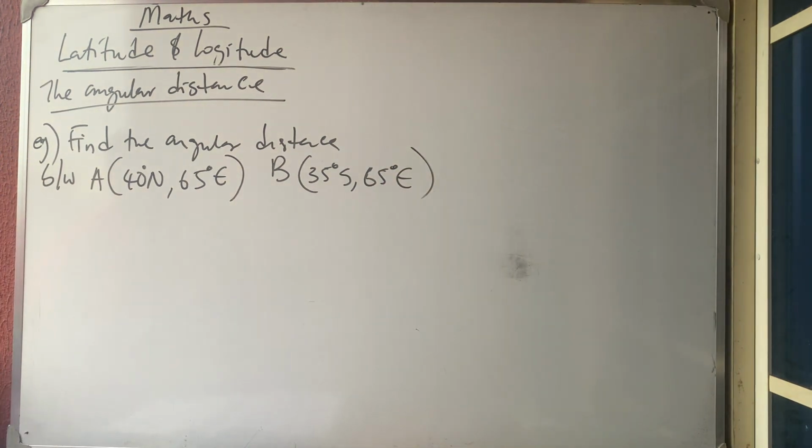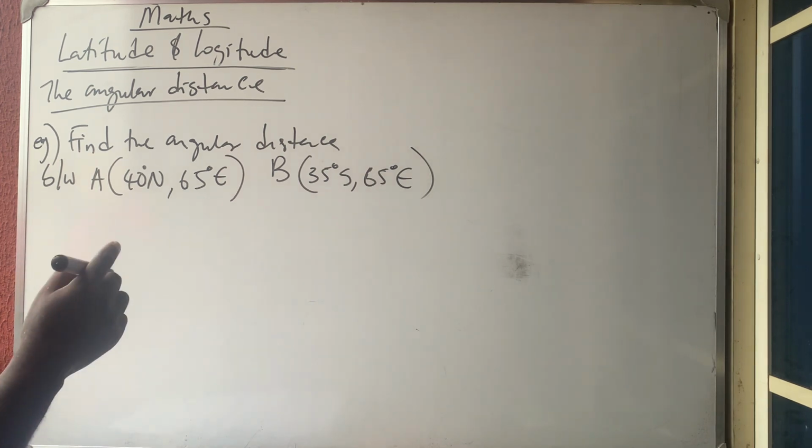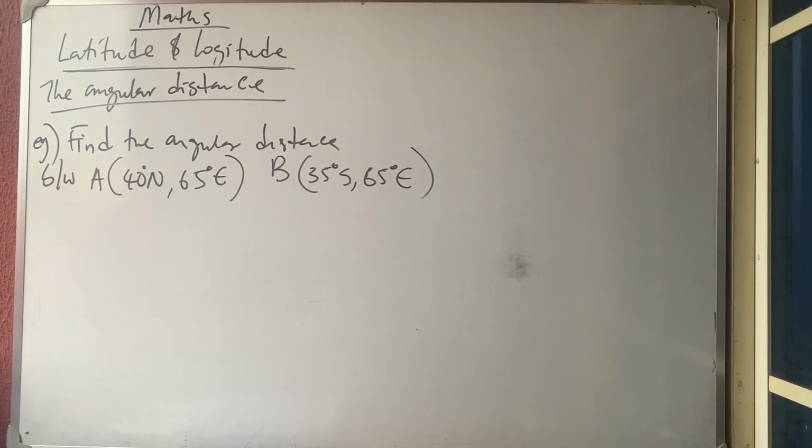Okay, this is very simple. Now there are two things you need to find here. The first one is called the alpha, while the second one is called the theta.